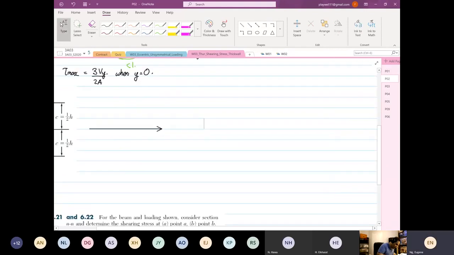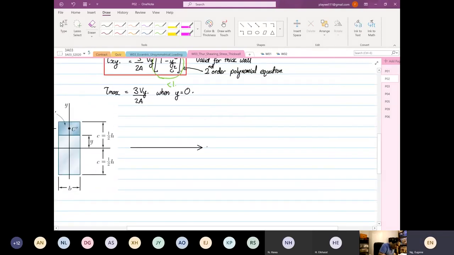So the axis I've drawn, this is your shear XY. And this direction over here, right? This is your Y direction. So these are your extremes, your edges. So one is positive C, the other one is negative C, right?